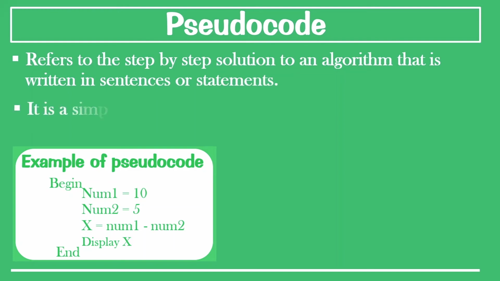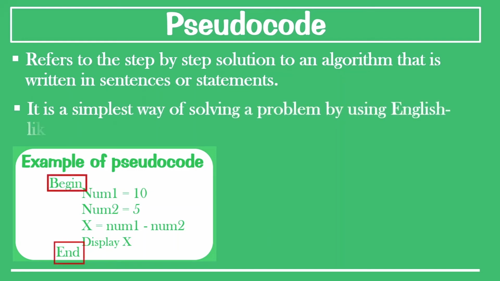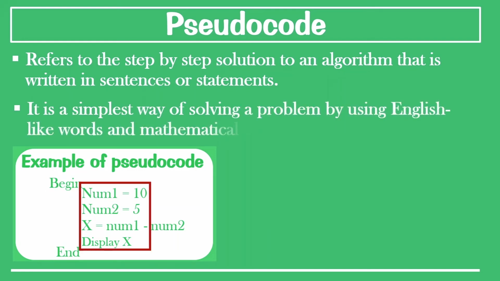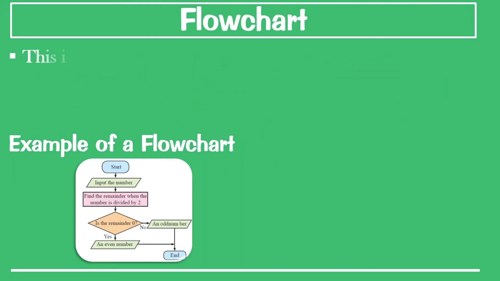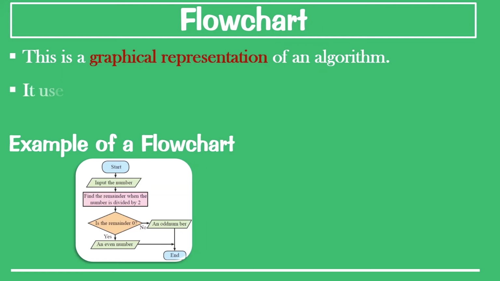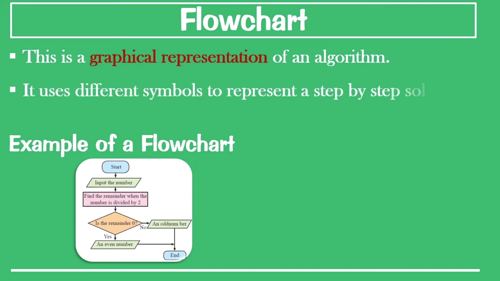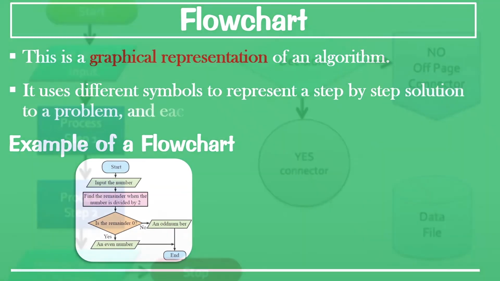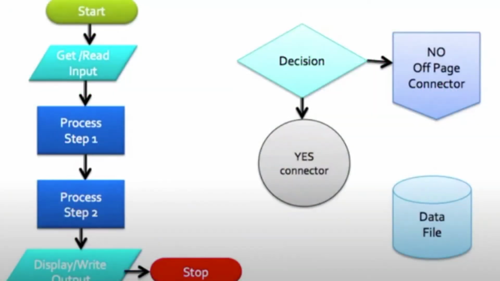It is the simplest way of solving a problem by using text-based, English-like words and mathematical operations to describe a set of instructions. A flowchart is a graphical representation of an algorithm. It uses different symbols to represent a step-by-step solution to a problem, and each symbol performs a specific task.